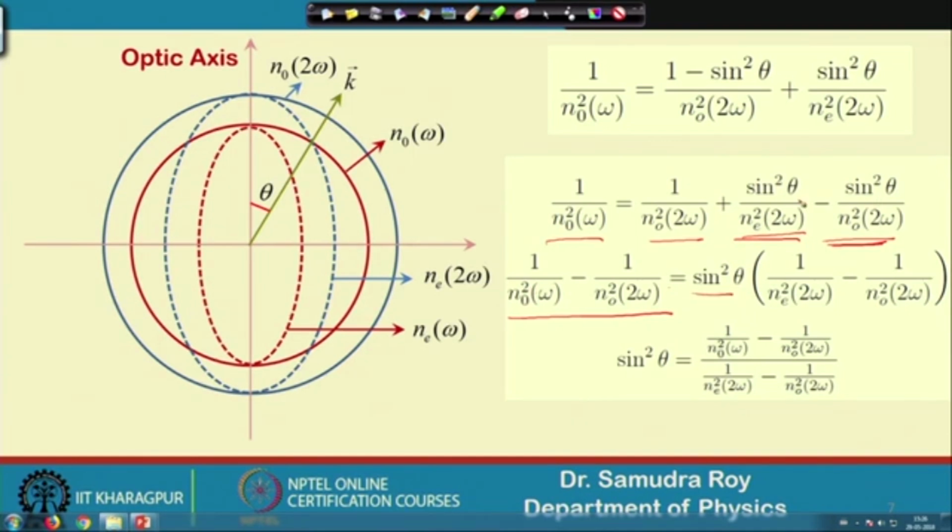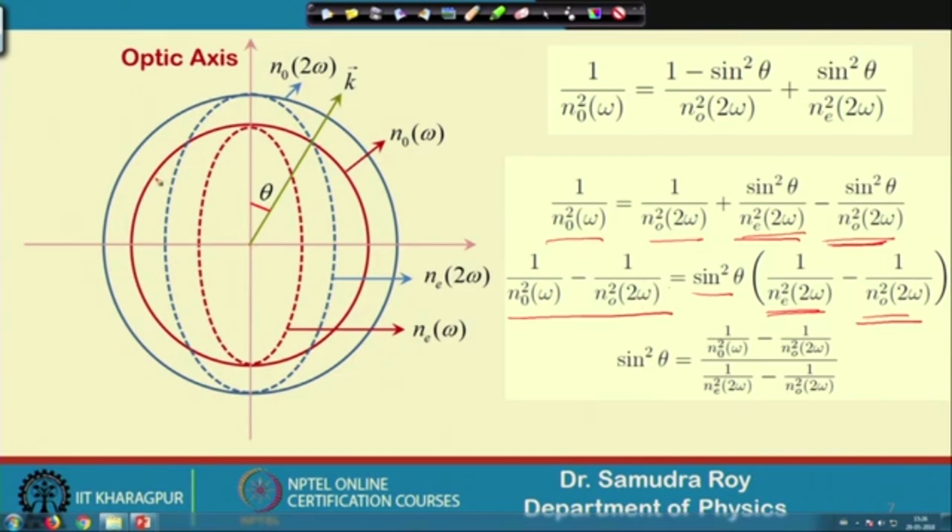If I take sin theta common, then we have 1 divided by n_e of 2 omega and 1 divided by n_o of 2 omega. So, n_e of 2 omega and n_o of 2 omega, again these are the values. In this particular diagram, if I want to find out which value I am talking about, you can readily understand which values these are. So, if I say n_o of 2 omega, n_o of omega, that means I am talking about the radius of this quantity. So, n_o of 2 omega is the radius of this blue line.